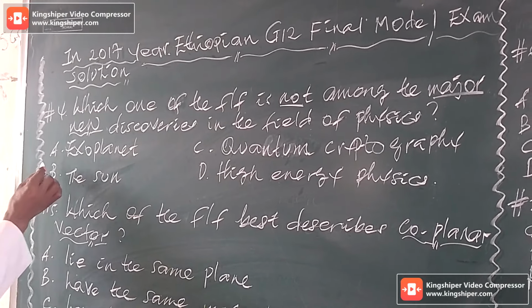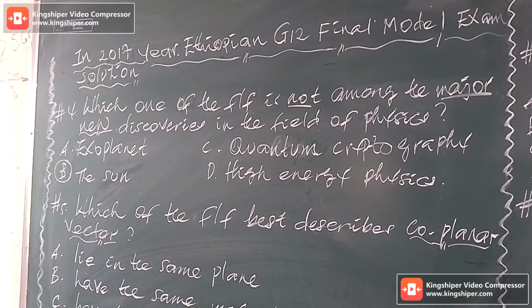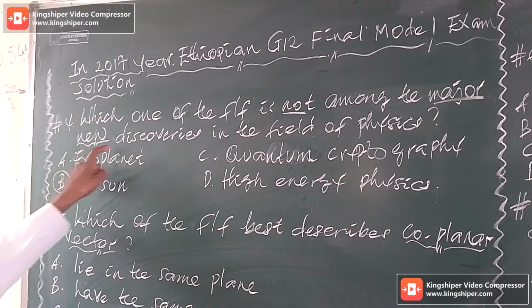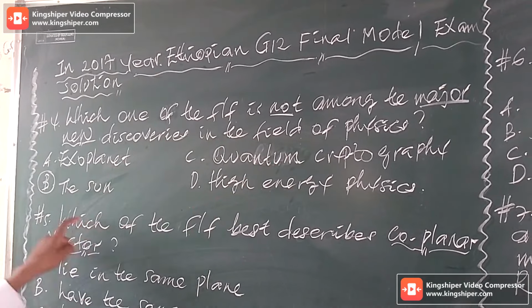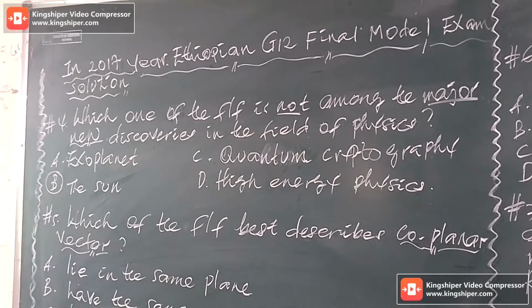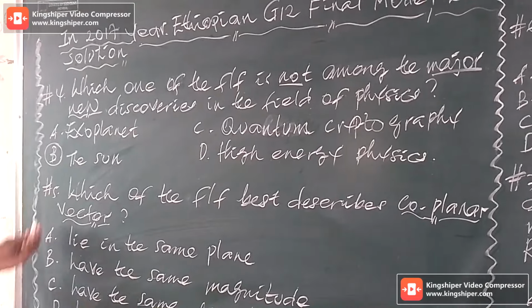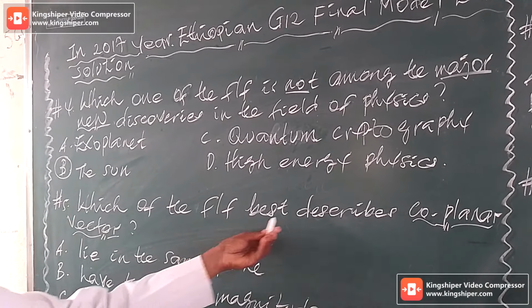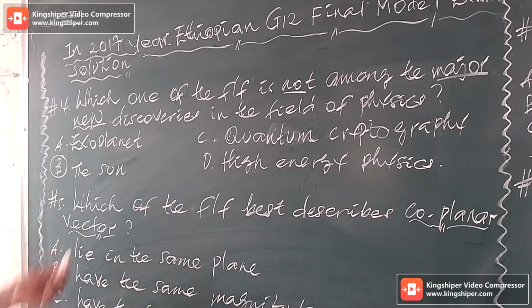So B is the answer. This is not among the major new discoveries in the field of physics, meaning the sun. When we come to the next question, question number 5, which of the following best describes coplanar vectors?